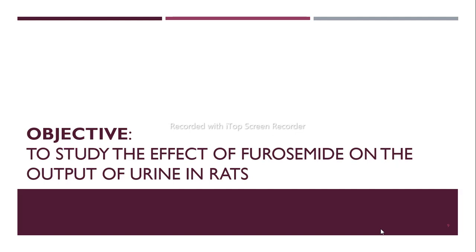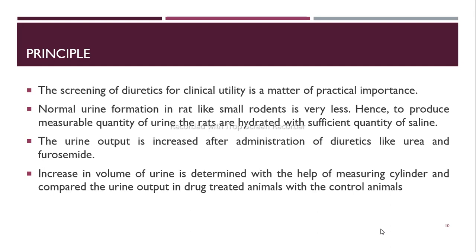The objective of today's practical is to study the effect of furosemide on the output of urine in rats. Furosemide, as you know, is a high efficacy diuretic. The principle of this experiment is that screening of diuretics for clinical utility is a matter of practical importance. Normal urine formation in rats, like in small rodents, is very less.